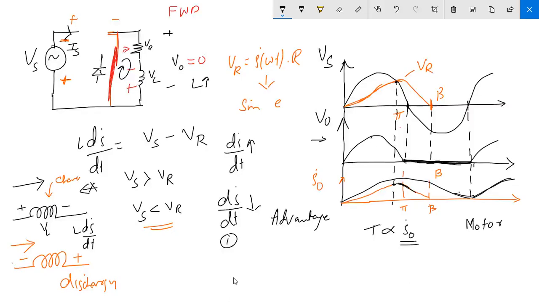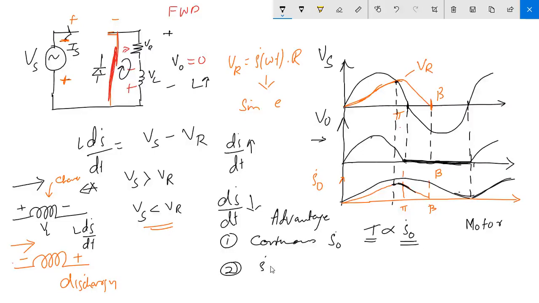So if you connect a freewheeling diode and have a large inductance, you solve the torque issues: you don't have a discontinuous torque, you have a continuous torque.